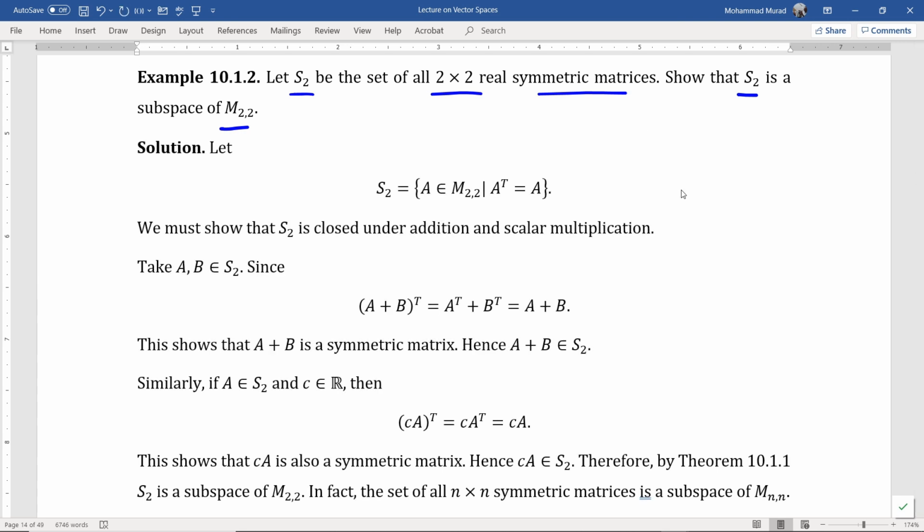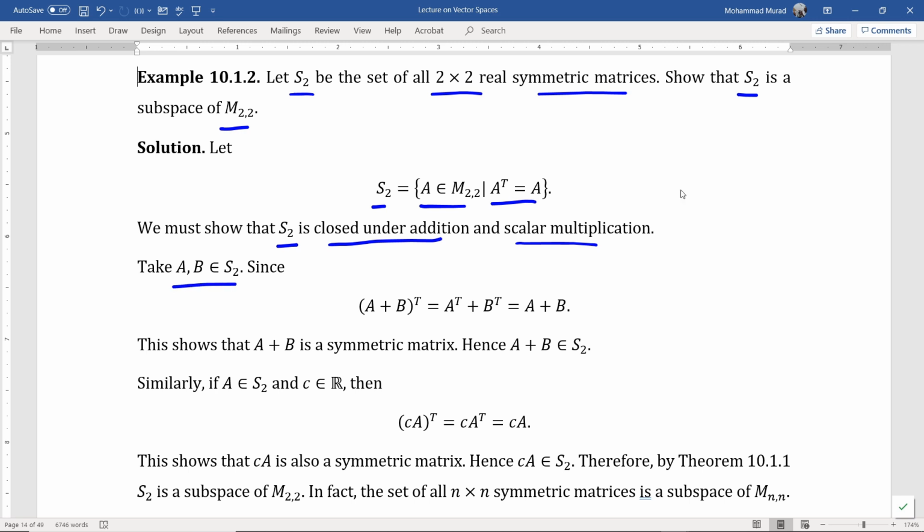We can let S sub 2 be the set of all matrices A in the set M2,2 such that A transpose is equal to A. In other words, A is a symmetric matrix. We must show that S2 is closed under addition and scalar multiplication. To show that, we take two matrices A and B from the set S sub 2.